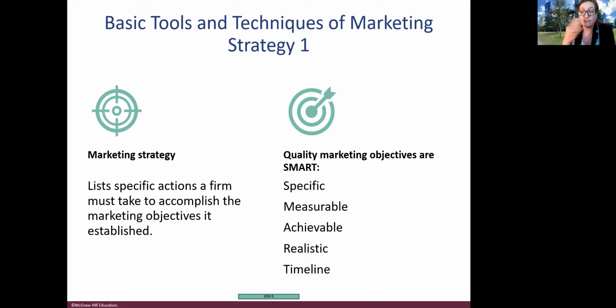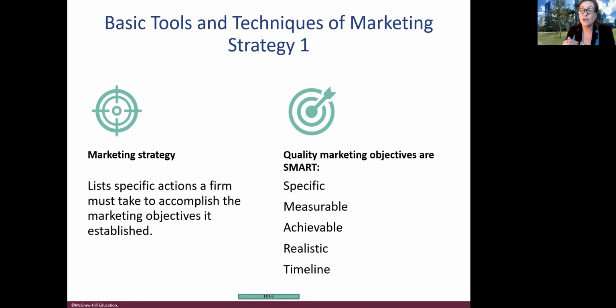And when you're formulating marketing objectives, you basically want to say to do what by when. Your marketing objectives need to be stated very specifically so that they are measurable, achievable and realistic, and have a timeline. So let's say that again: to do what by when.